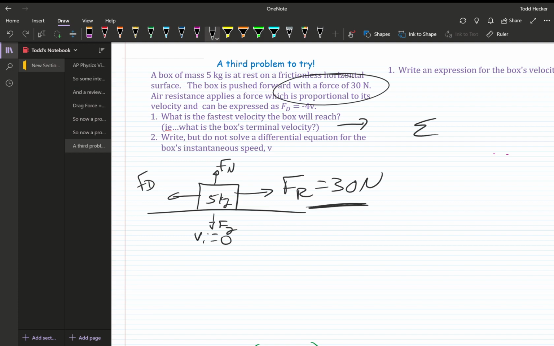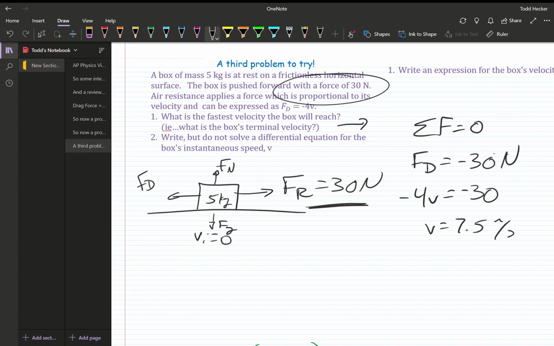That occurs when our net force is 0, when our drag force is negative 30 newtons. So negative 4v equals negative 30, which means the velocity is 7.5 meters per second, just by dividing. That's our terminal velocity.